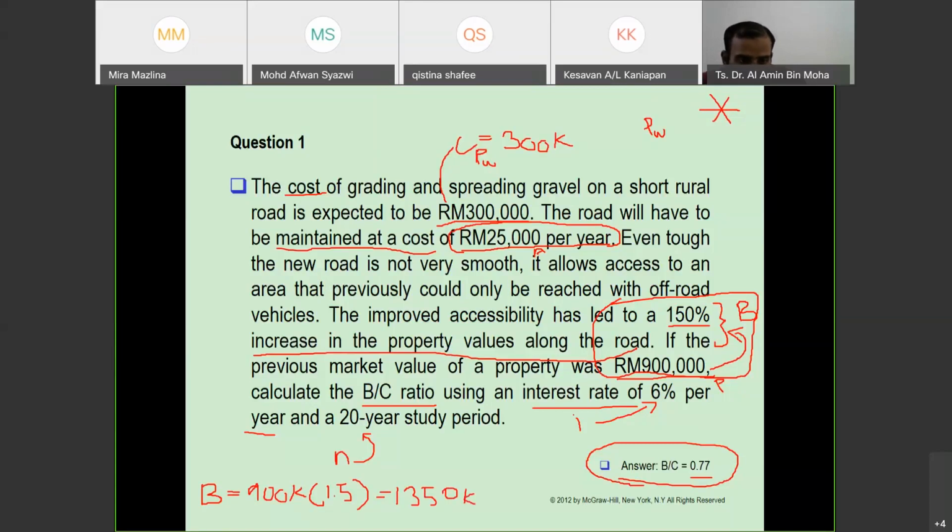So basically, the tricky part is this is not the benefit yet. This is including the previous value, right? So you need to minus 900. So you're going to get 450K. So the increment is 450K. So benefit is 450K.